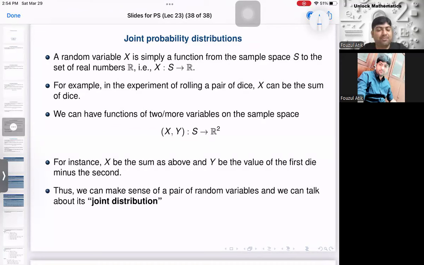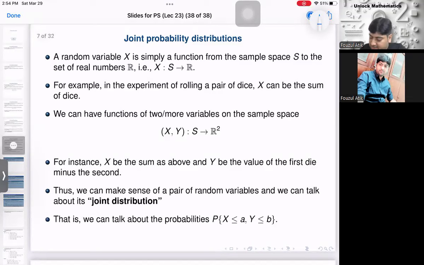Thus we can make sense of a pair of random variables, and we can talk about their joint distribution. So probability we will find jointly, and distribution also jointly. That means P of X less than or equal to A and Y less than or equal to B. It means that both the events are happening at a time, right?